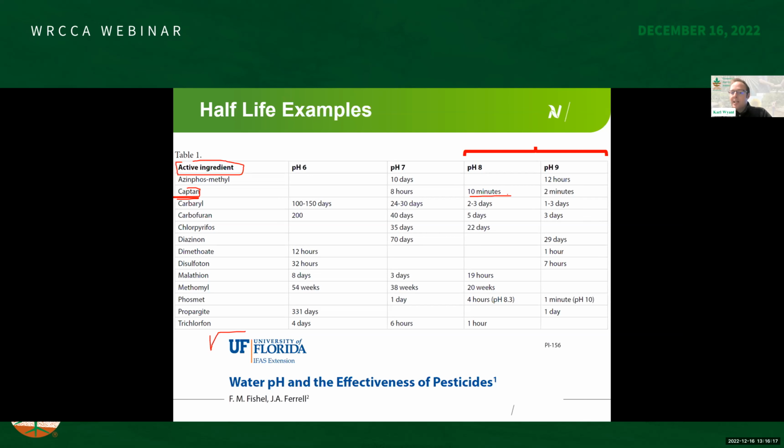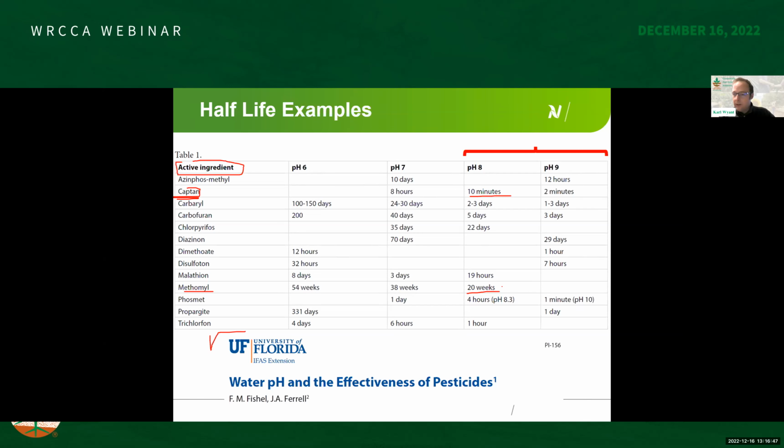But to contrast that, with something else on this list, let's just say this methomyl ingredient. Here you have 20 weeks. So you mix that product and in a pH of 8, you won't lose that active ingredient strength for 20 weeks. So there's considerable variance here across active ingredients and their susceptibility to alkaline hydrolysis.